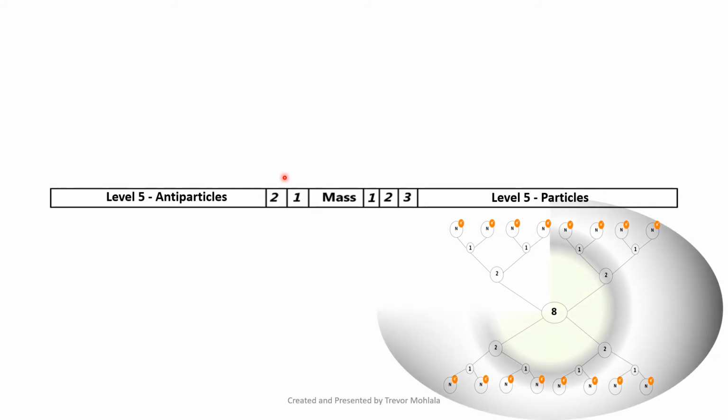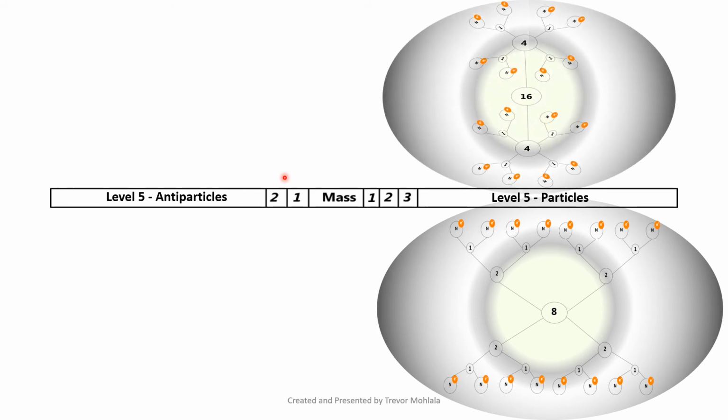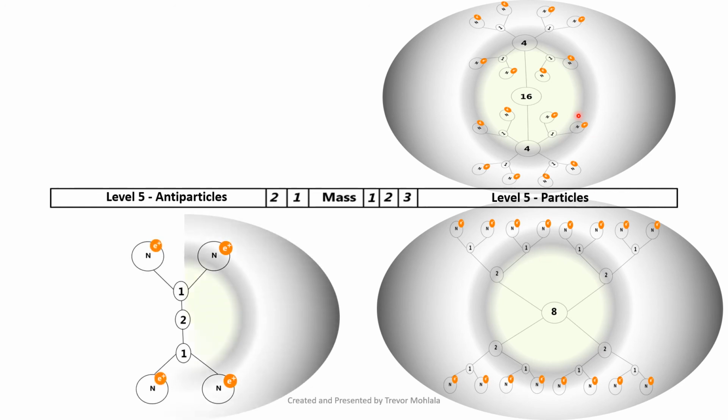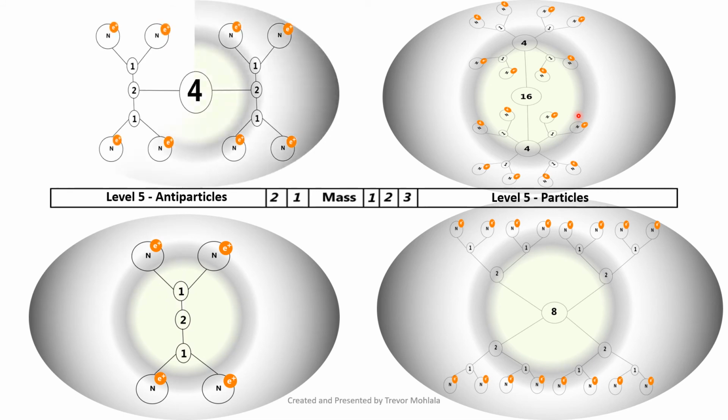And we have already said that this nucleus is creating its own environment and it is balanced. And now we can see that we are achieving the universal law of gravitation. This is happening on the particle side, and it is also happening on the antiparticle side. As you can see, the structures from level 4 have created their environment and have achieved balance and are now fulfilling the universal law of gravitation.